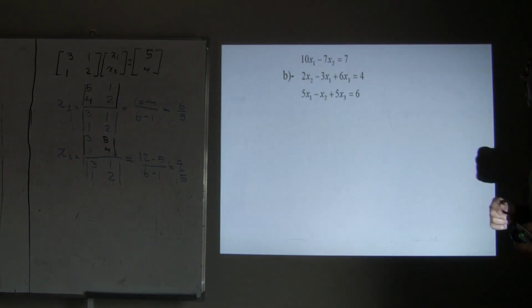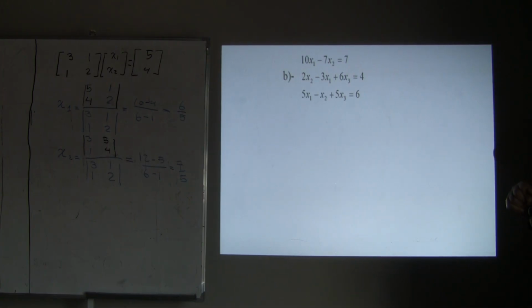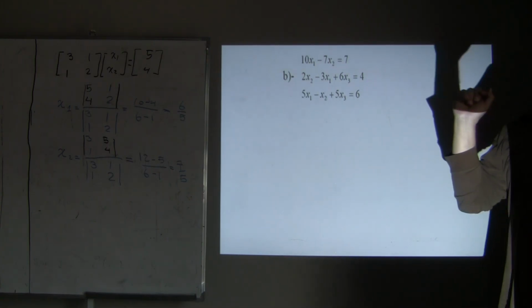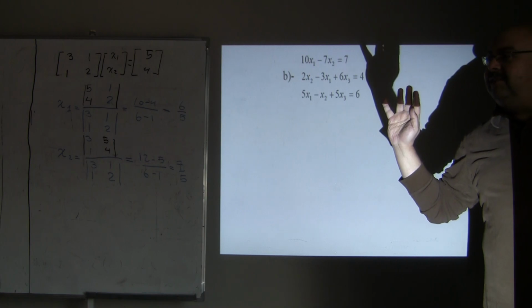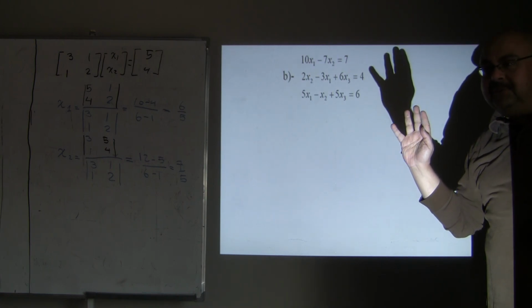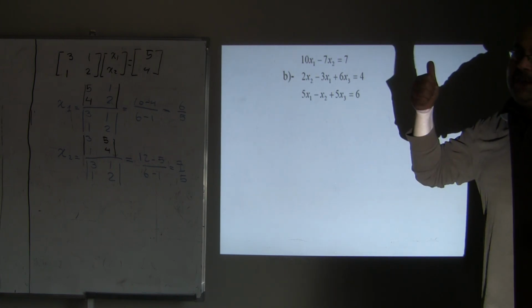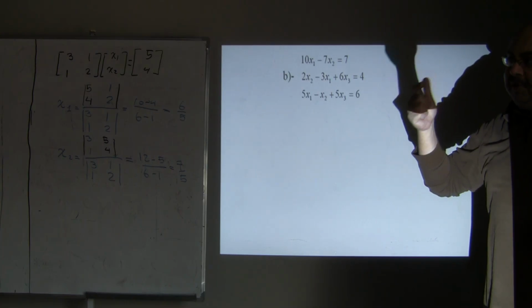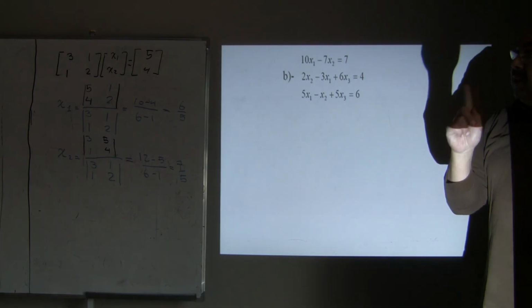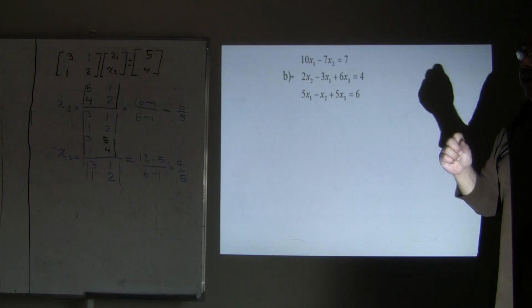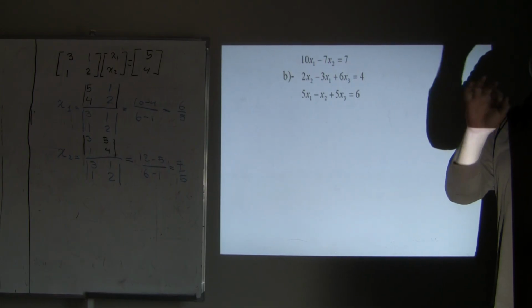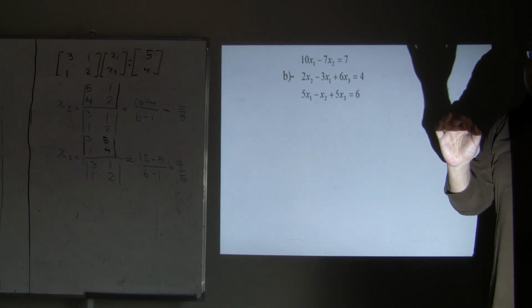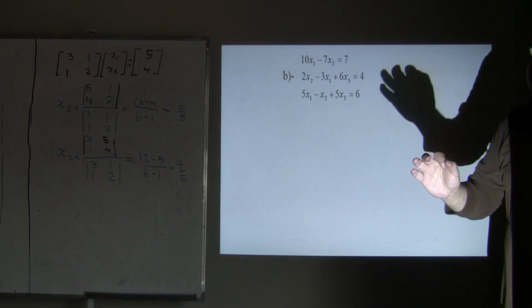So if I'm solving 3 by 3, please go to this system, the 3 by 3 system. I will have to evaluate how many determinants? 4 determinants. The coefficient determinant and the determinant for each variable. Once you are trying to solve using Cramer's rule, you have to be aware that the equations will have to be well arranged.